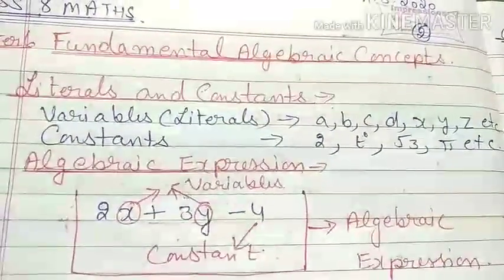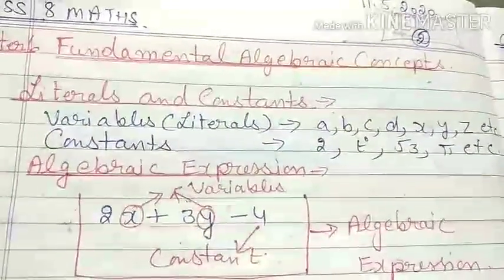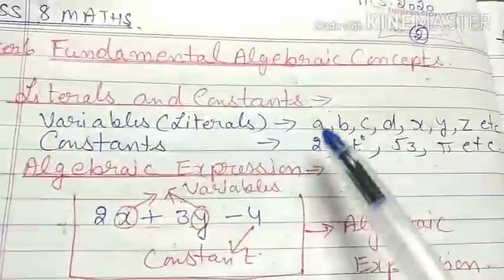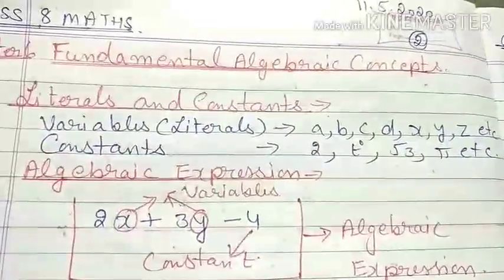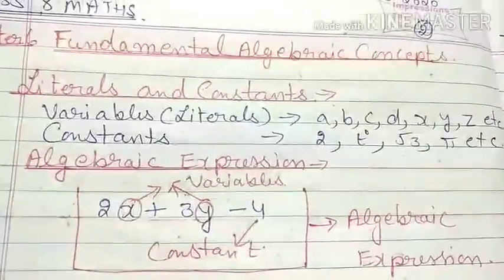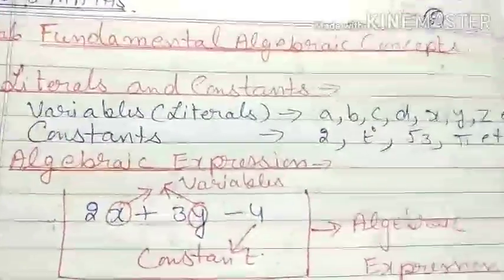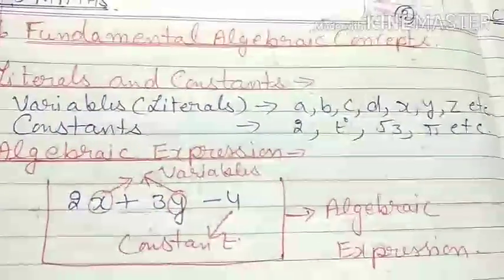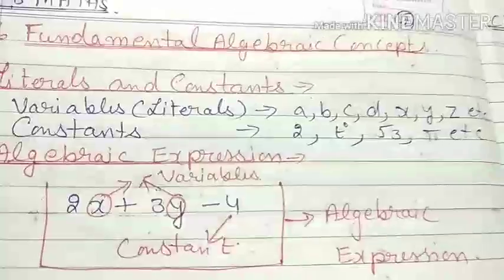Another name for literals is variables, used to represent numbers. We represent variables with A, B, C, D up to Z, all the English alphabets. Variables are usually denoted by A, B, C, D, X, Y, Z, etc.